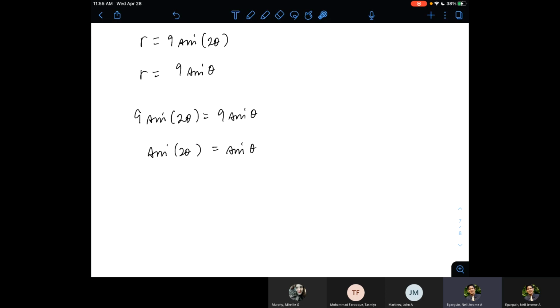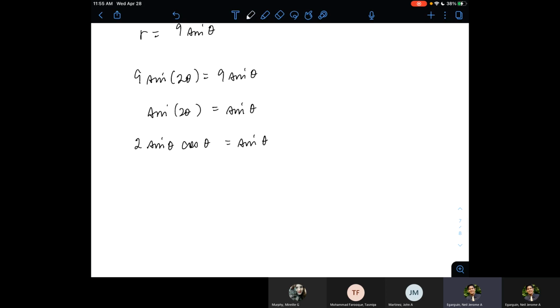You can go back to your trigonometry notes, and look for an identity for sine 2 theta. I bet you will find 2 sine theta cosine theta, the double angle identity for sine, equals sine theta.